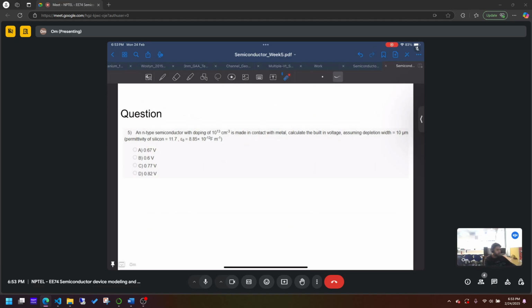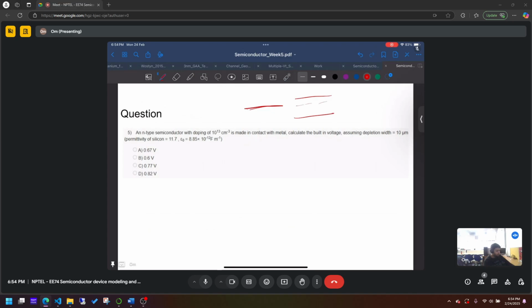Okay, so let's solve this. We have a metal-semiconductor junction. This is the metal's Fermi level. This is the semiconductor, and say wherever its Fermi level lies, let's say somewhere here.